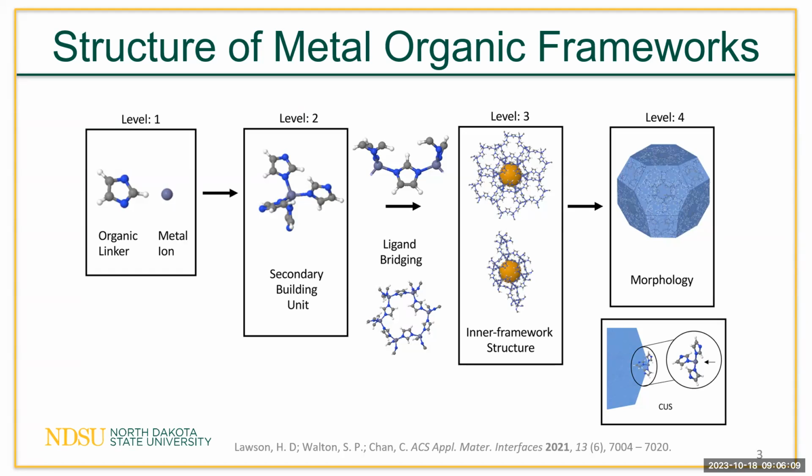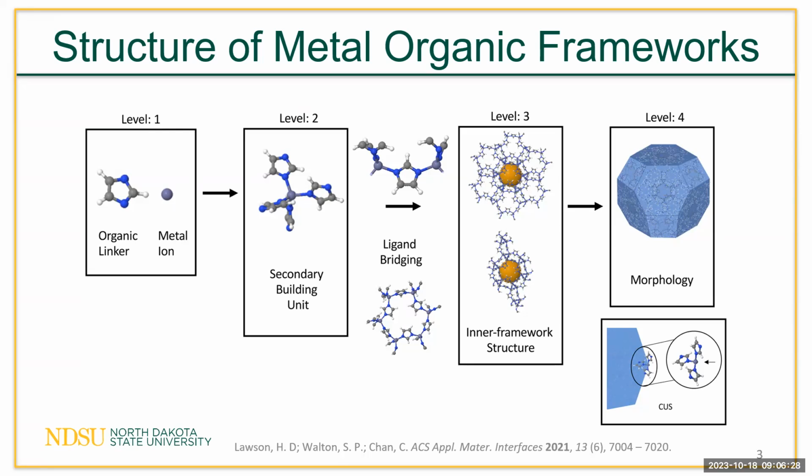Next, at the secondary level, we have the secondary binding unit, which is usually our crystal cell. As they start to build up these frameworks, they have interconnections between nodes. And then from there, you get ligand bridging to form pores, as you can see in the middle of the screen there.